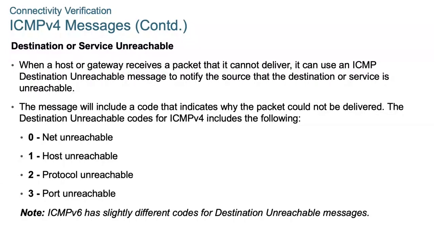In this IPv4 control message, it contains a code, and that code informs host 1, in our case, that if the ICMP message includes code 0, it means network unreachable. If it includes 1, it means host unreachable. If 2, it means protocol unreachable on the destination side, and 3 means port unreachable on the destination side.